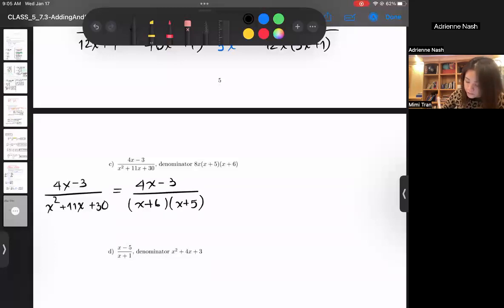What do they want? They want ax times x plus 5 times x plus 6. So all you do is multiply both top and bottom by ax. See how easy that is with factor form.